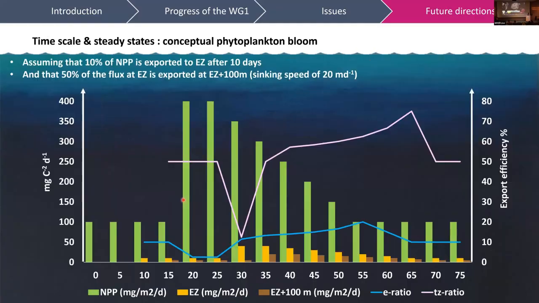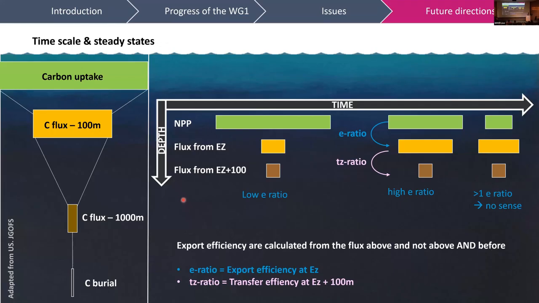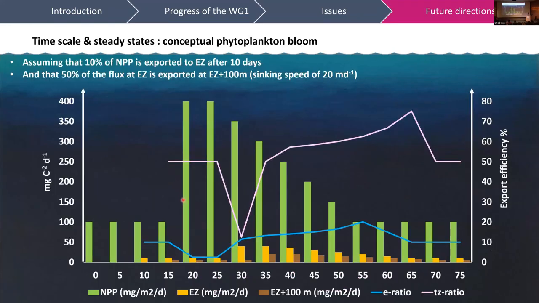At the front, sorry. Yeah, so I guess the question is about the beginning. You had an annual trend, and I think it was from NPP, and you used the E ratios to get at the export.